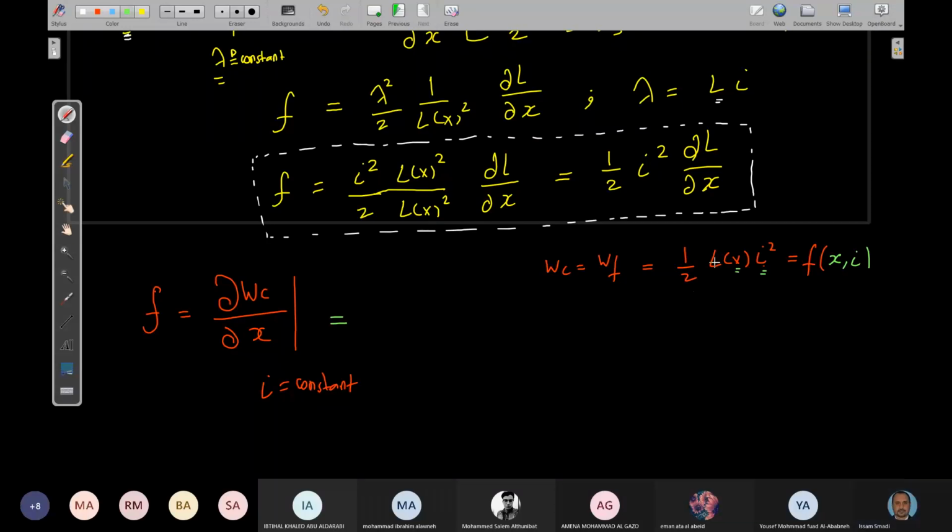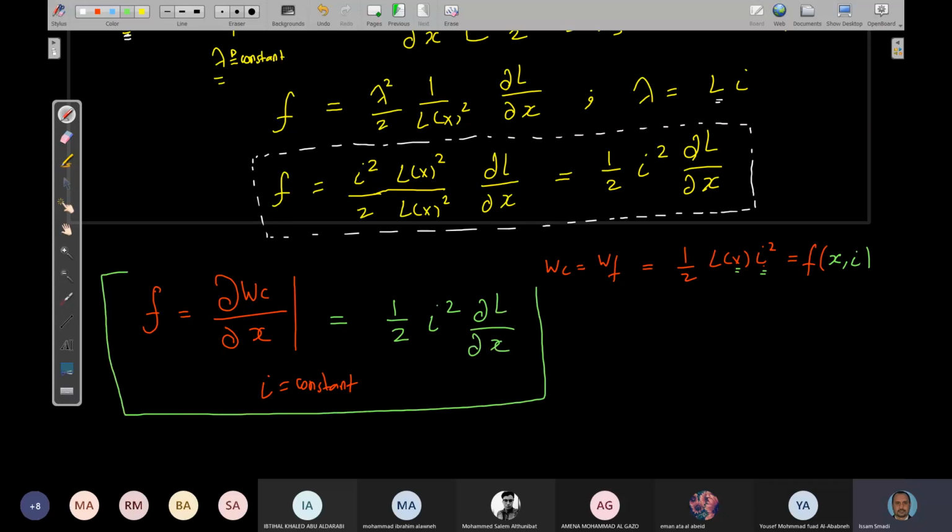If I evaluate, this will equal 1 over 2 I square partial L by partial x. I'm getting the same result, but simply here in one step. So it is easier to use the Coenergy to calculate the force. Understood?